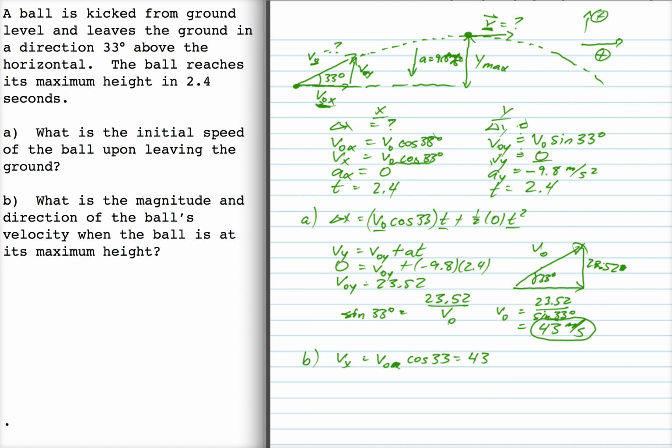So 43 cosine 33 is 36.2 meters per second. And I know that vy is equal to 0, therefore the final velocity is just 36 meters per second in the plus x direction. That's it.